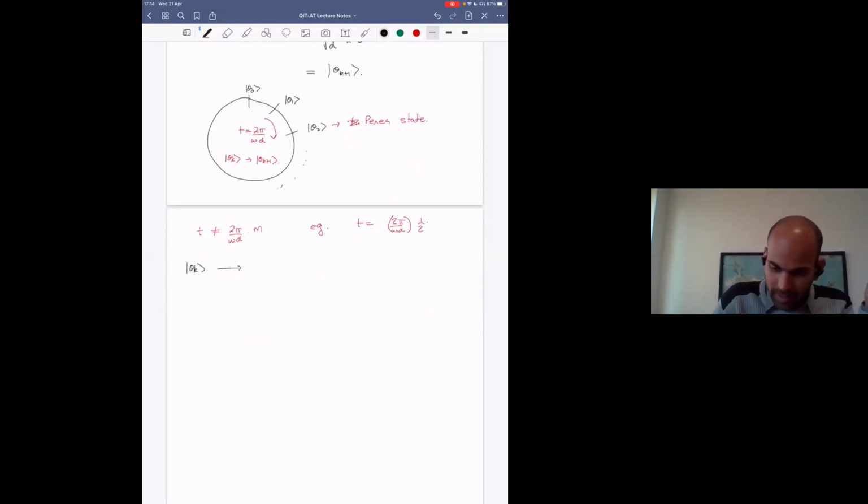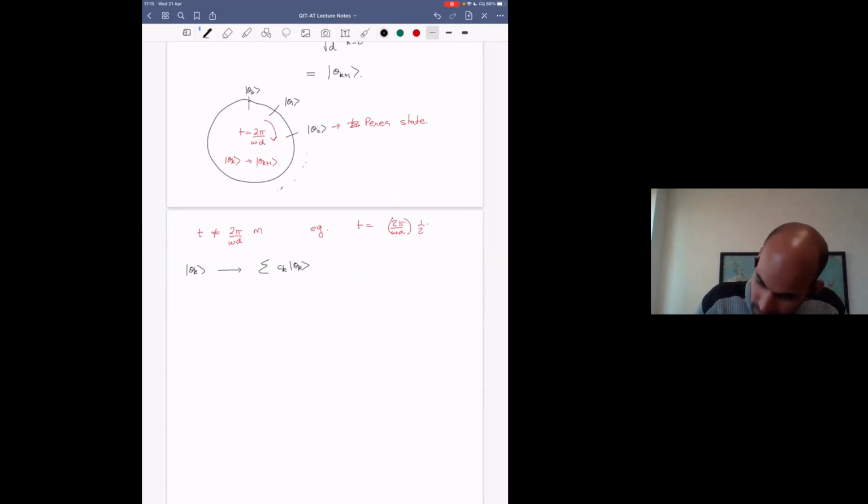In general, I can always write whatever state it is as some superposition c_k of the theta k. This is just generally how I can write any state. For the integer units of this special time, c_k is just one, and zeros everywhere else.